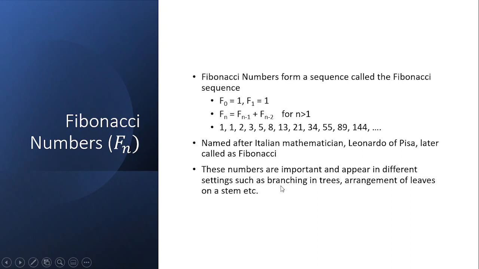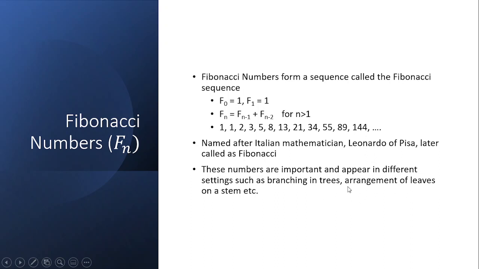Similarly, if you look at the branching in trees, the way the number of branches increases in trees. So you have the stem, which is say 1, and then the stem usually divides into two branches, and then those two branches give rise to a third one, and then 5. So if you go up, the number of branches in trees usually increases using this sequence of Fibonacci numbers.